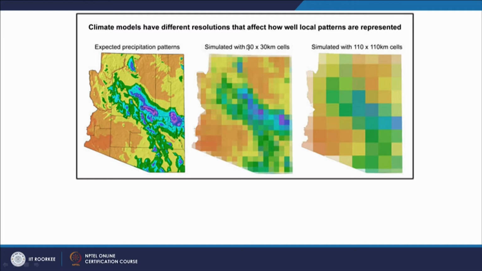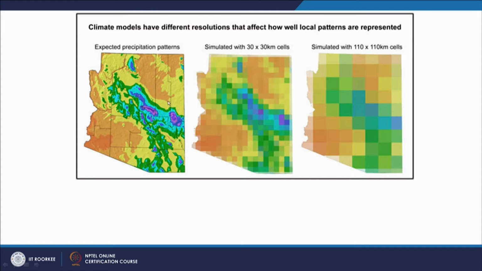And then if we go for 30 kilometer by 30 kilometer cells, then a lot of different effects of climate change or models can be seen much better than at relatively coarser resolution.